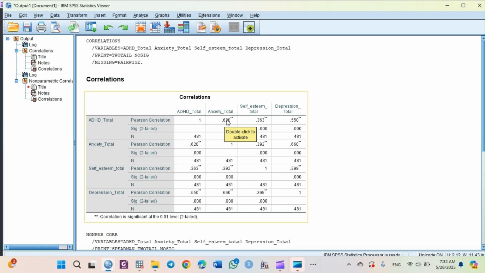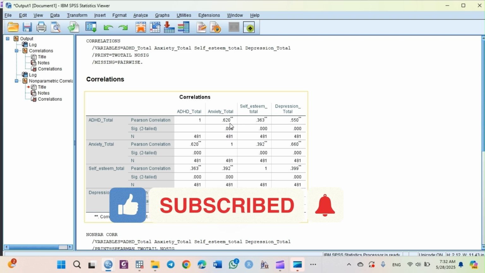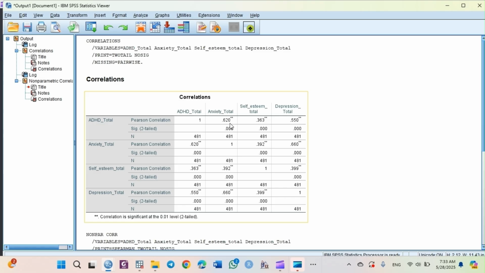The third important part is the strength of the relationship. How strong is the relationship between the variables? The strength falls between -1 and +1. When the numbers are closer to +1 as well as -1, that means there is a strong relationship. When they're closer to zero, they have a weak relationship. Zero means there is no relationship, and one means there is a perfect relationship.